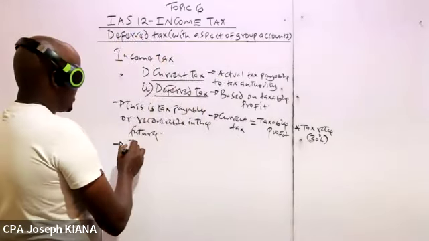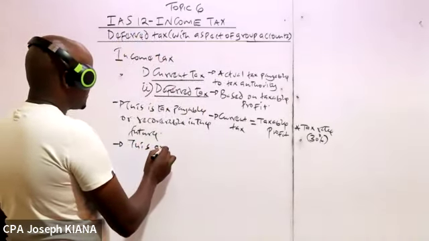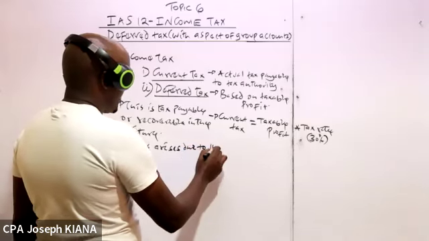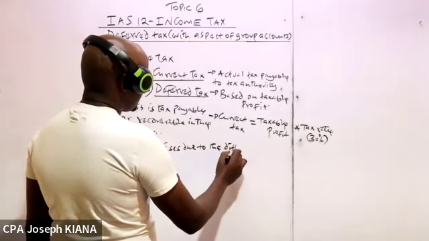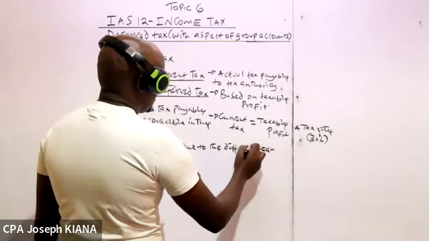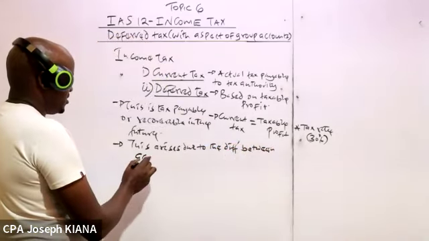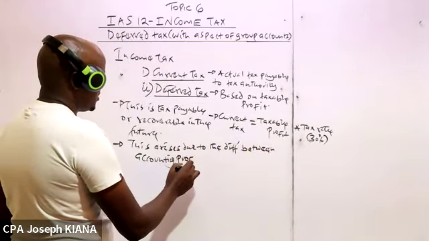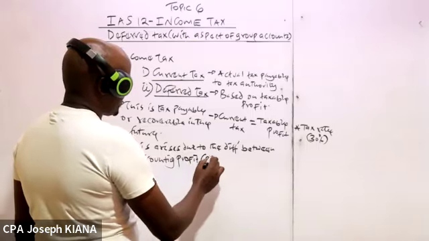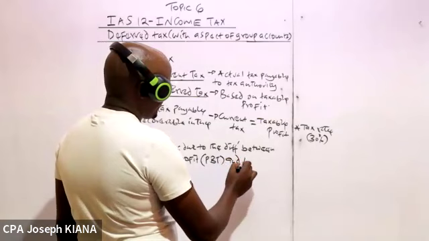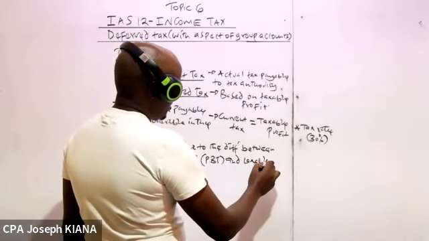So therefore, we can say that this arises due to the difference between accounting profit, of which this accounting profit is also known as the profit before tax, and the taxable profit.